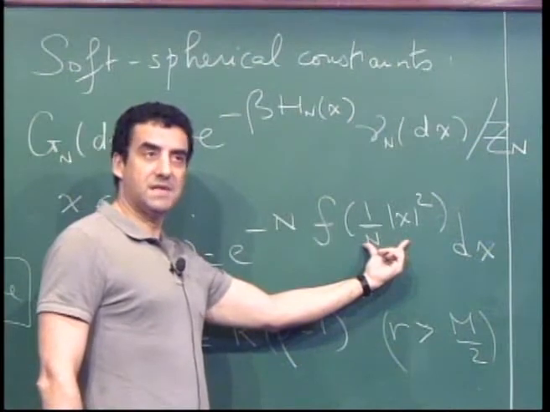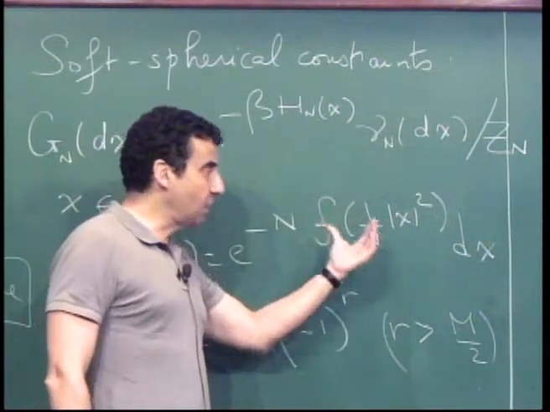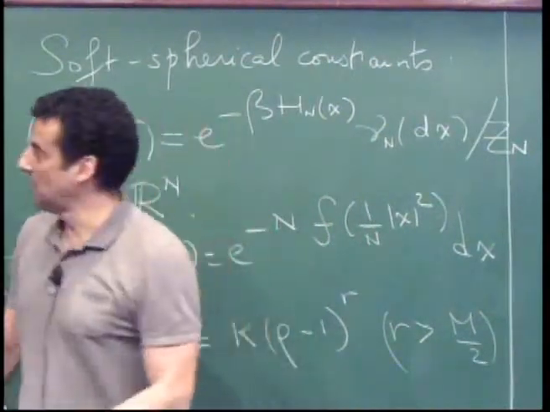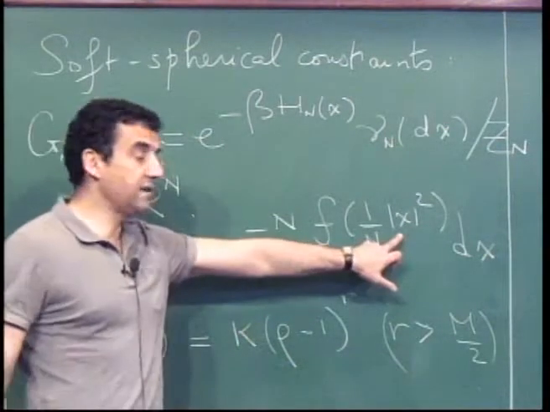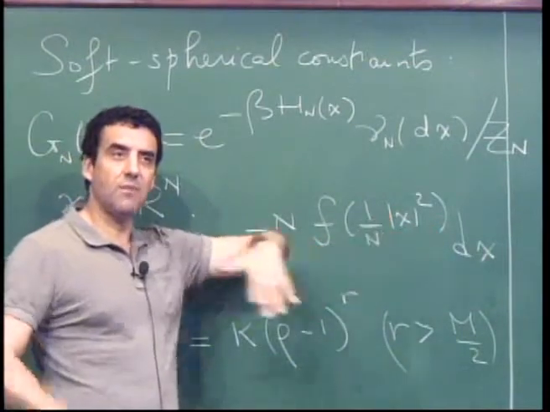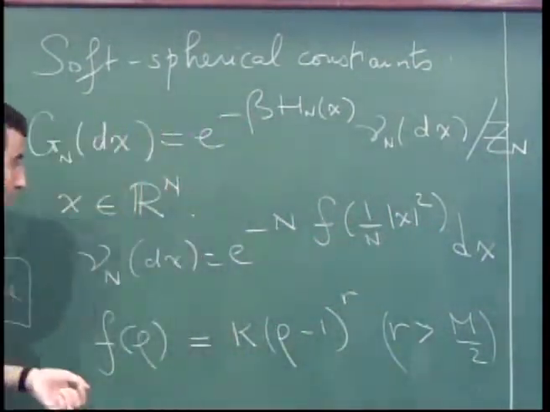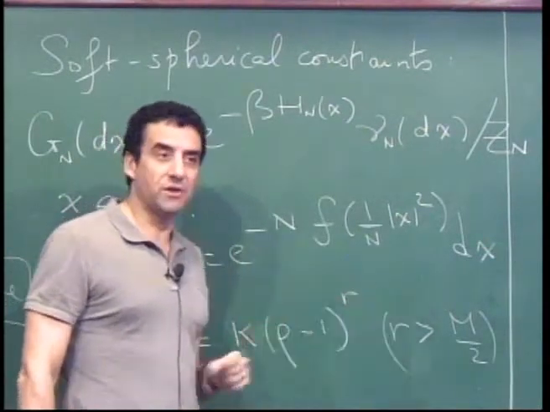But rho equal 1 is exactly the sphere of radius square root of n. So this is a soft spherical constraint. Instead of saying I impose strictly that x squared is n, I put a weight on it. And now I'm working on a kind of spherical shell, if you want. I want this constraint to be hard enough, that's why I want this R to be large enough.